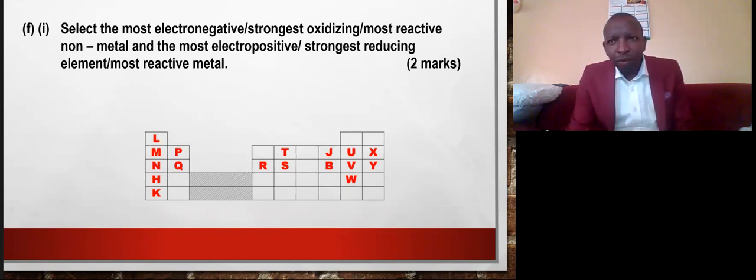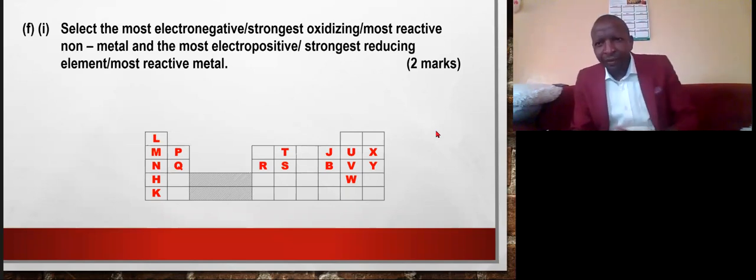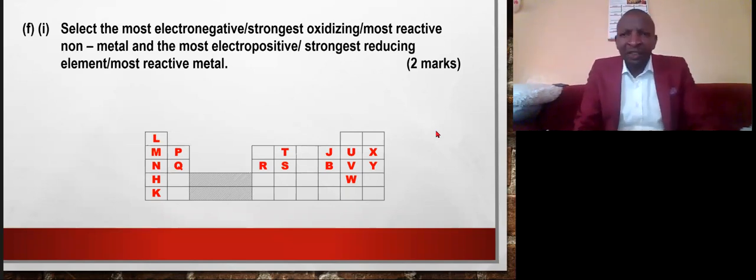So the strongest reducing element is the one that has the highest tendency to lose electrons. Students, can you get this one right? If you are asked to pick the strongest reducing agent, it is the same as being asked to pick the most reactive metal.